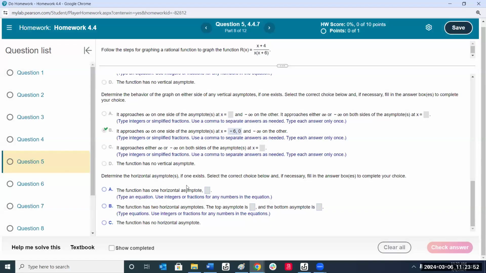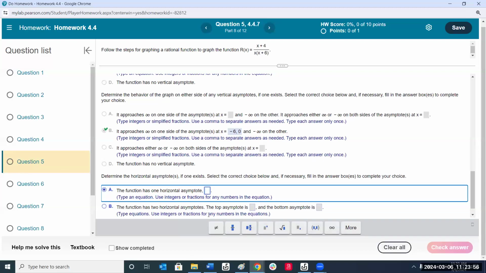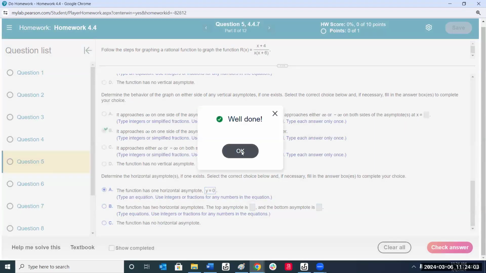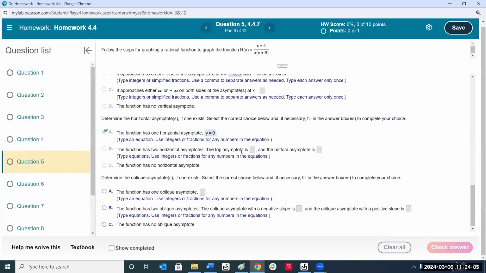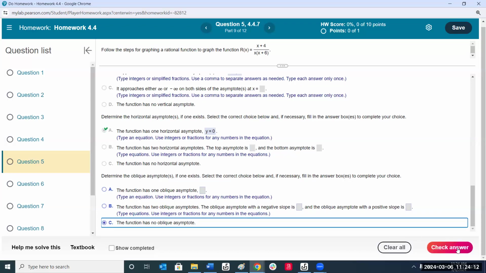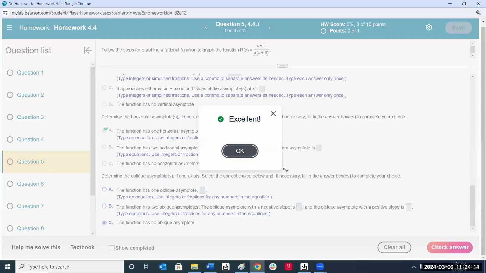Determine the horizontal asymptote if one exists. It's at y equals 0. Determine the oblique. It has no oblique, because you're going to have either a horizontal or an oblique.